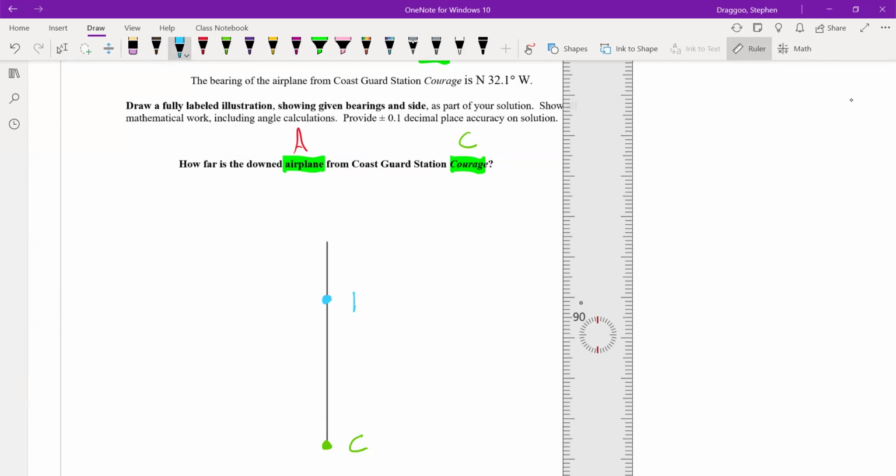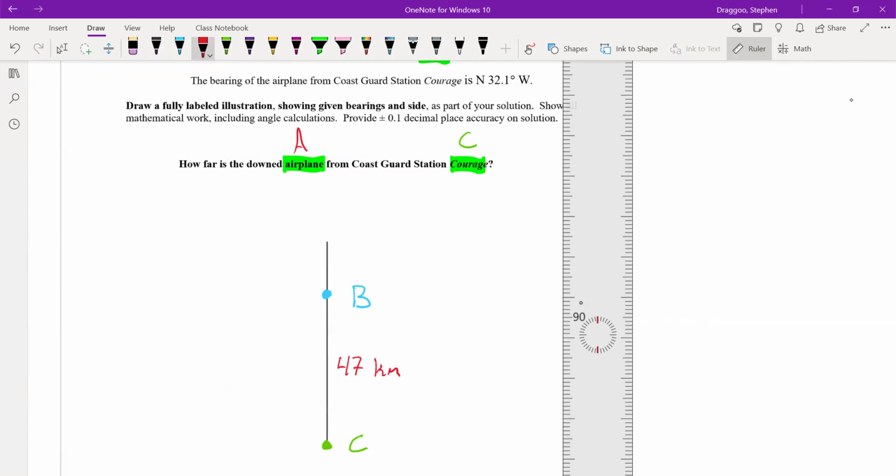Let's give it a label right here, B. I don't want to put it all the way to the top of the line because I'm going to use that line a little later. Let's maybe move it up to there. Cool. Things I know: these two stations are 47 kilometers apart, so I'll label that side 47 kilometers.